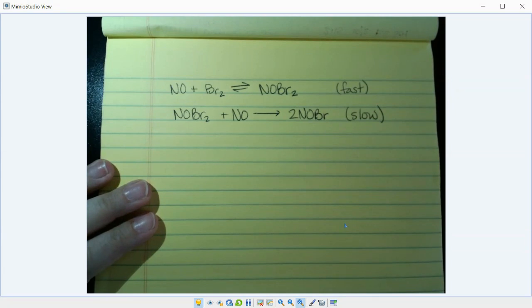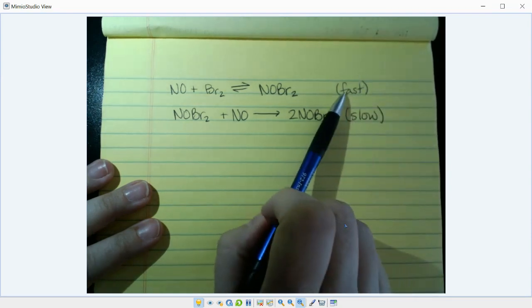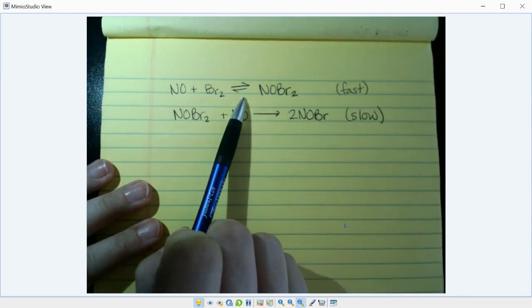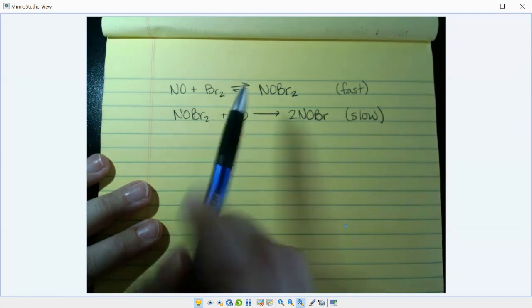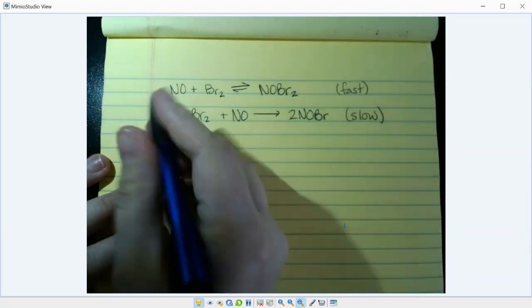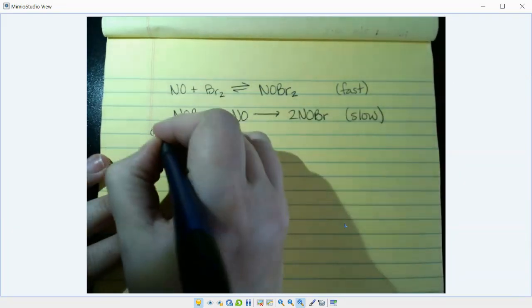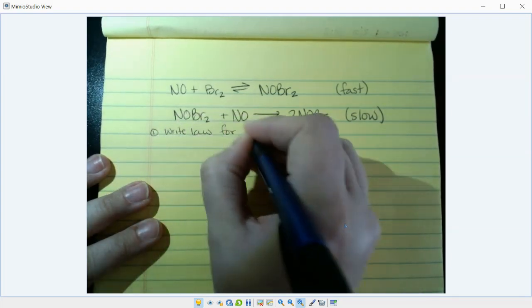Okay, so here's our mechanism, and obviously we have that fast step first and then the slow step after. And what's actually important is that we notice that the fast step is also in this two-directional system. So we have equilibrium. So when you have your slow step being after, the first thing we're going to do is we're going to write the rate law for the slow step.